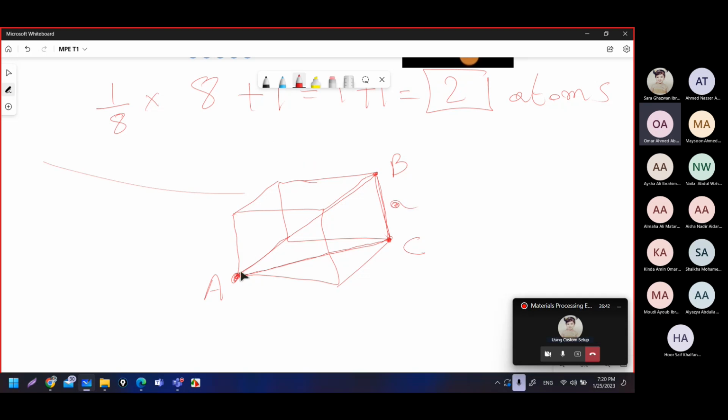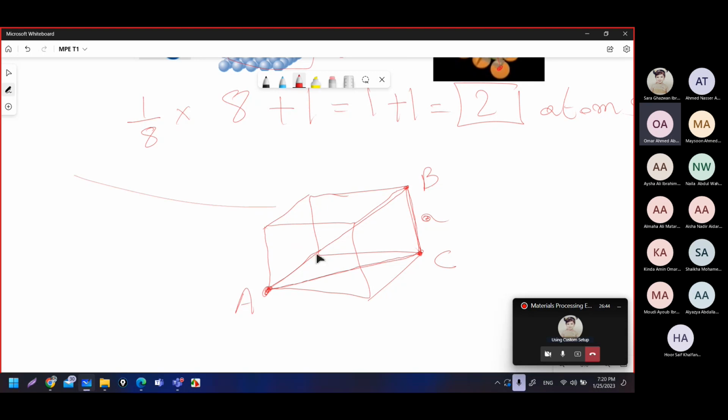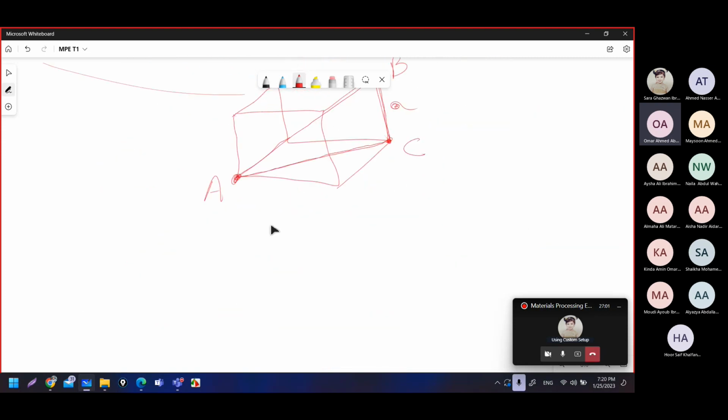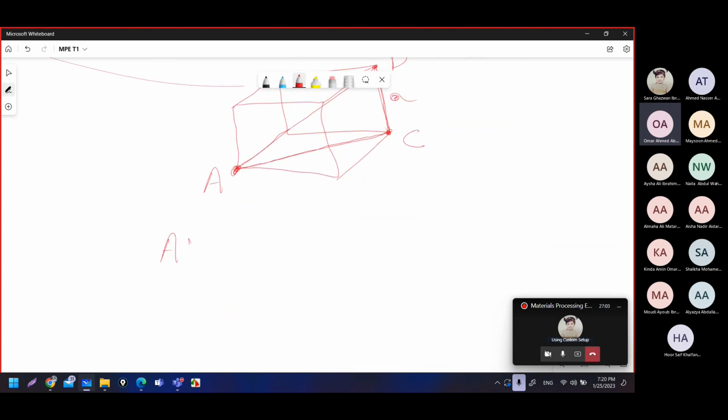In this line from A to B, I will have one R for the quarter atom at the corner, 2R for this big blue atom, and another R for the quarter at the other corner. So I will have 4R in total, so the line AB is equal to 4R.